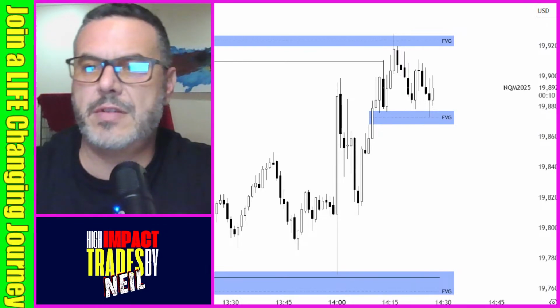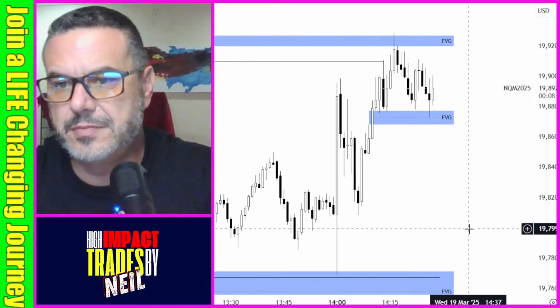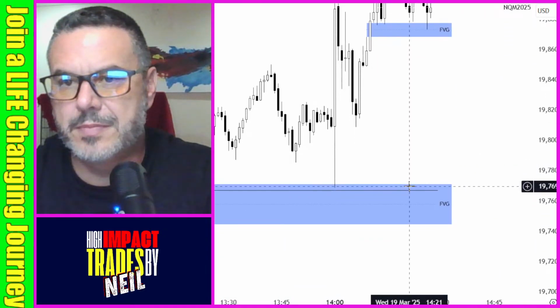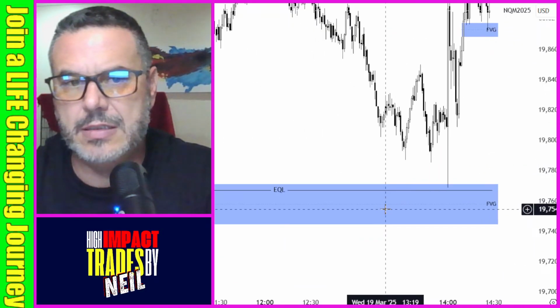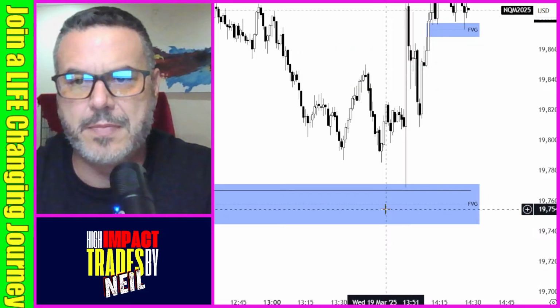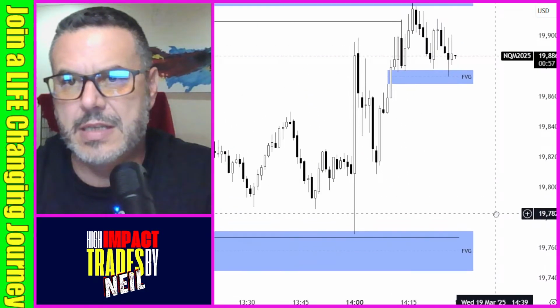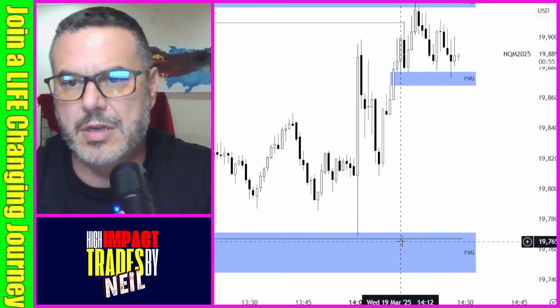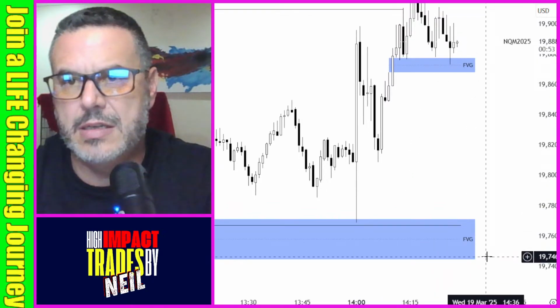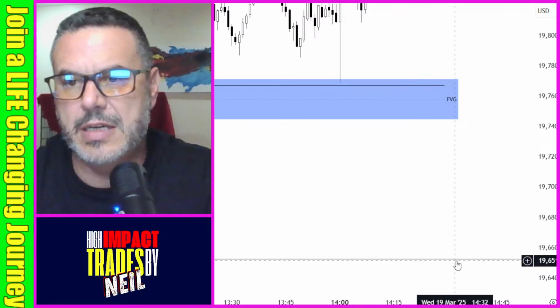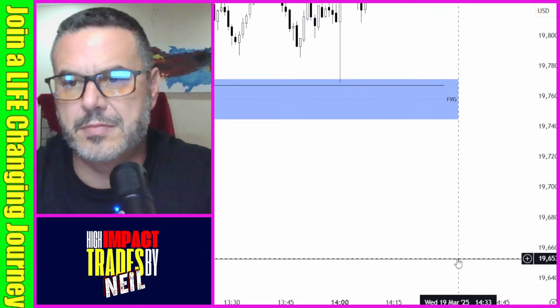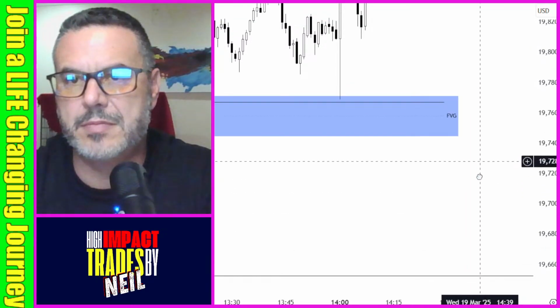Okay, let's look at 750. Target down here. Okay, that's a good target. That target lines up with my equal lows and the fair value gap. I do think if we slice through that, we could go even as low as this. Let's do it 650.